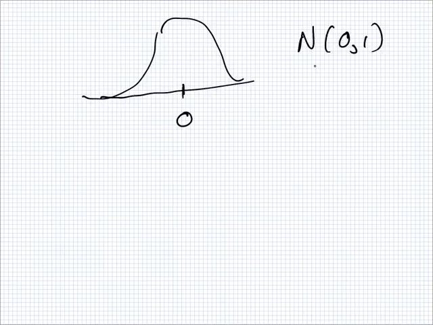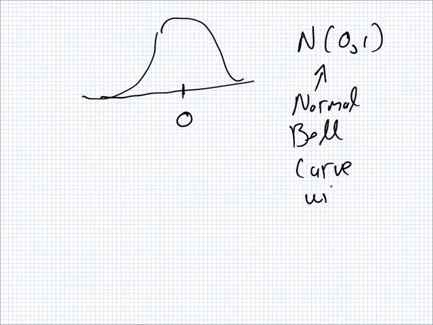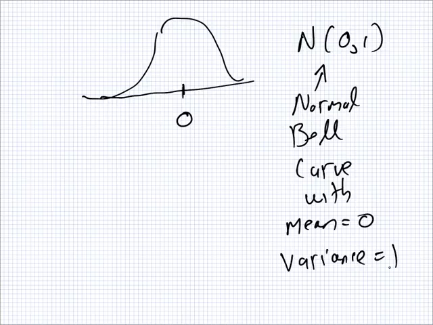In case you're wondering what this means, normal bell curve with mean equals 0 and variance equals 1. Variance actually, but if you recall that variance equals standard deviation squared, so in the case of 1, it is still 1.